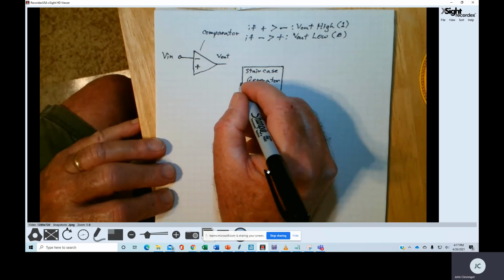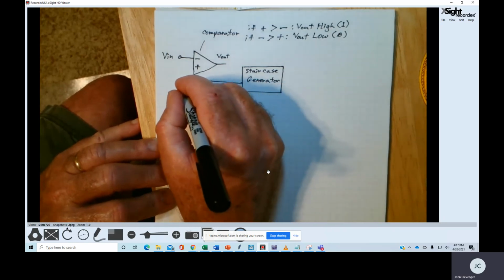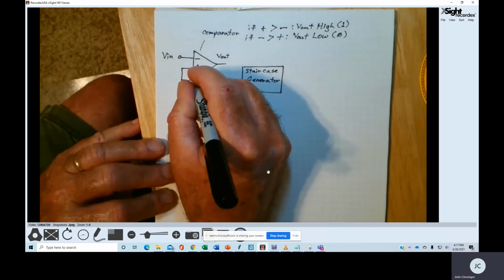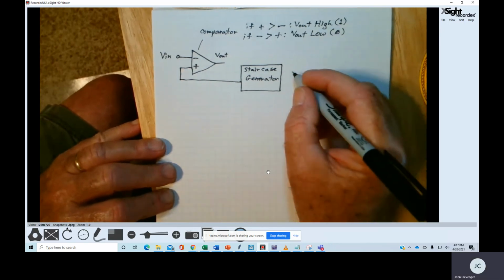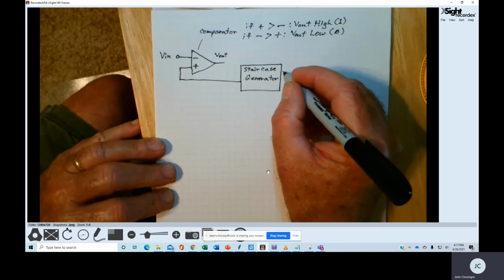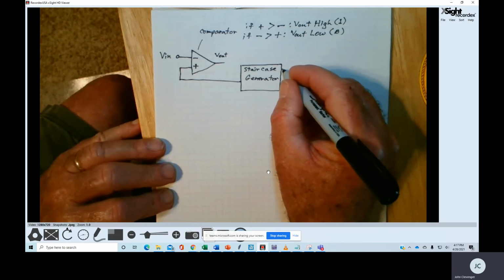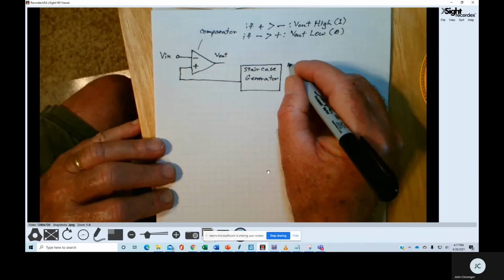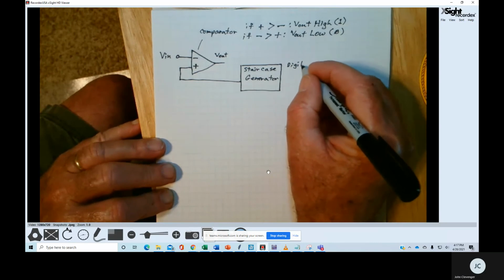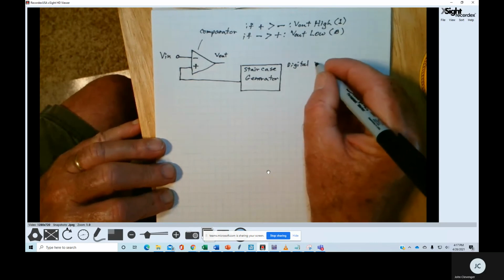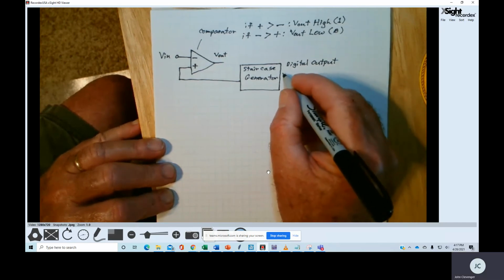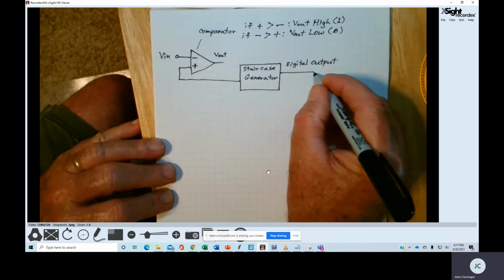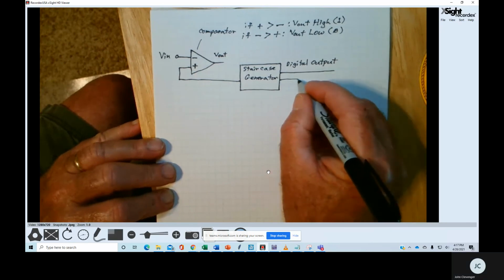And the staircase generator is going to provide the non-inverting input to the voltage comparator. And from the staircase generator, I'm going to have a digital output, and for this case, we're going to have a 4-bit digital output.